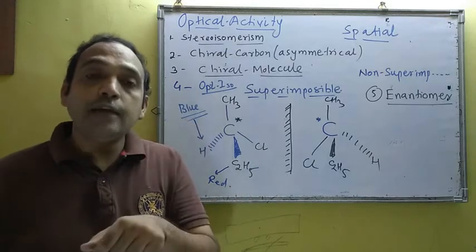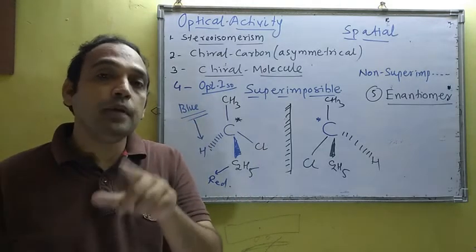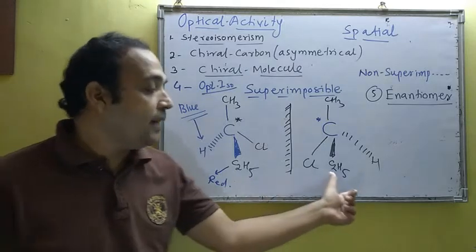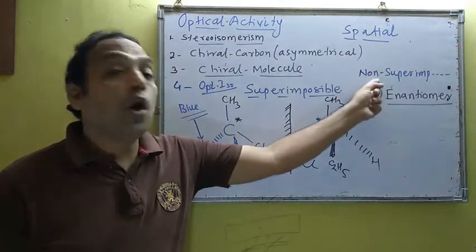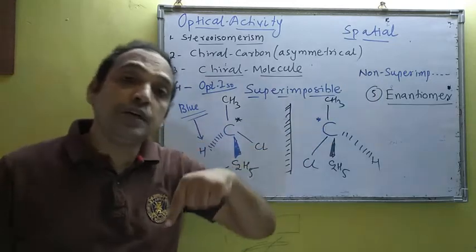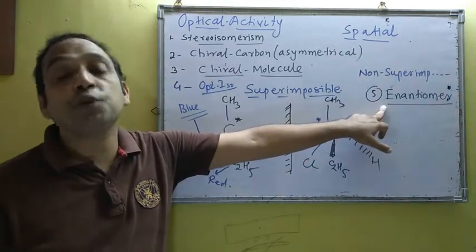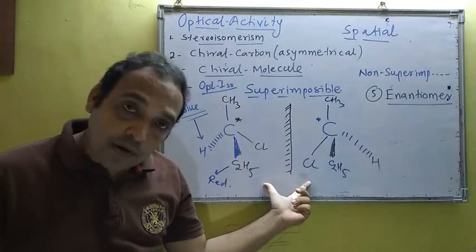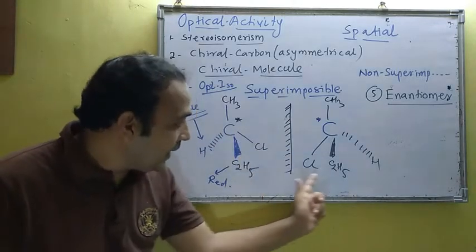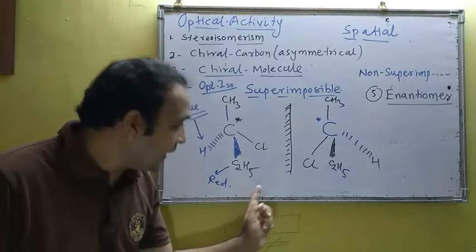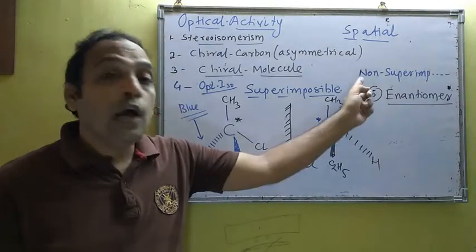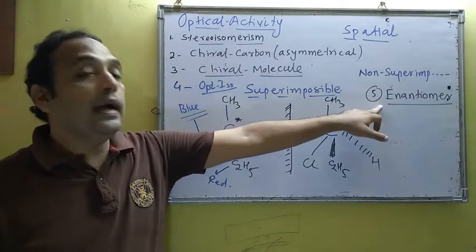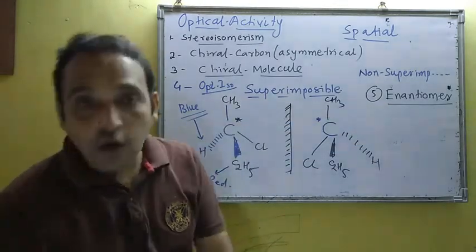The optical isomers in which object and mirror image are non-superimposable to each other are called enantiomers. What is an enantiomer? The optical isomers in which object and mirror image are non-superimposable to each other are called the enantiomer.